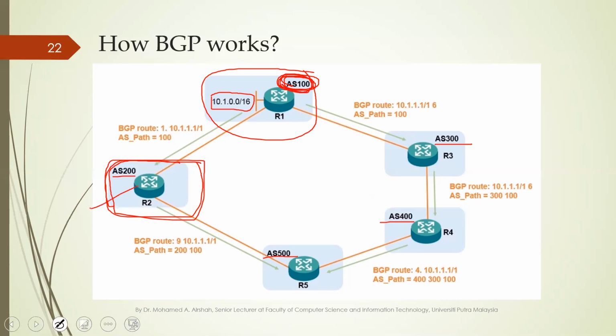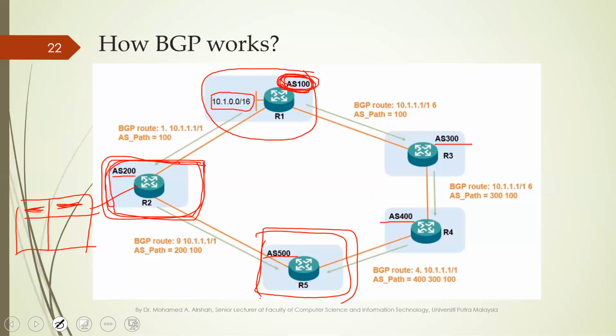Inside its routing table, it writes the IP address and also attaches the autonomous system path. Then this router is also required to exchange the learned routes with its other neighbors, so the information has to be transmitted from router 2 to router 5.